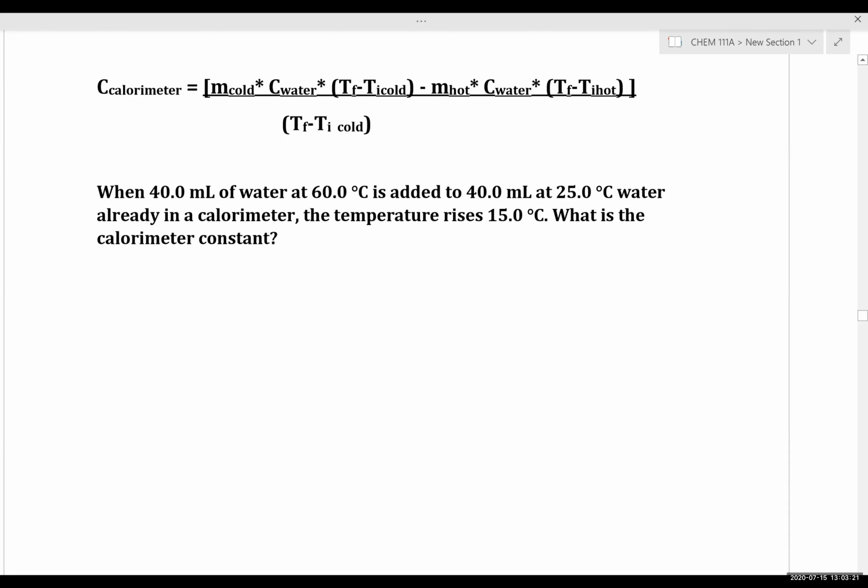Try to use the above equation given the following information. We'll discuss this example in about 4 minutes.